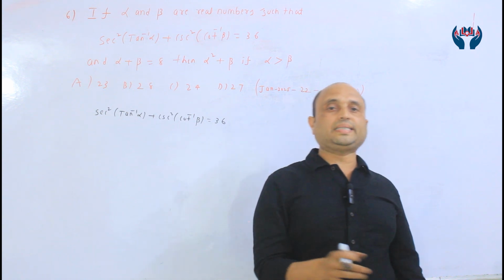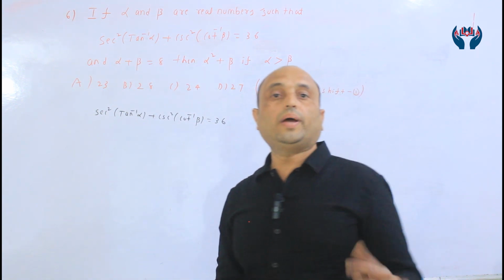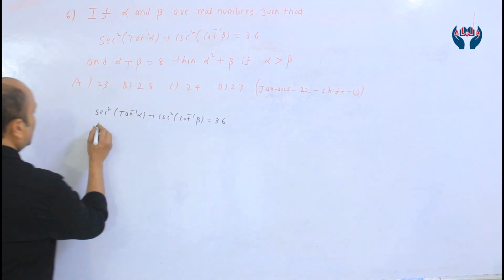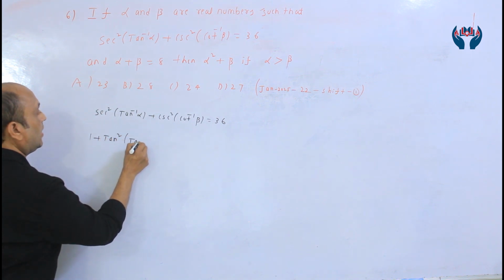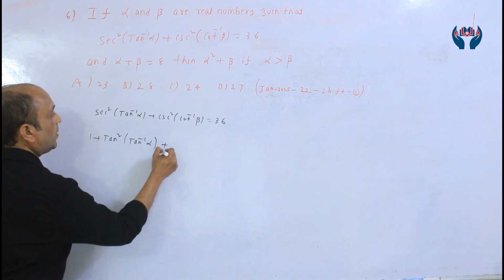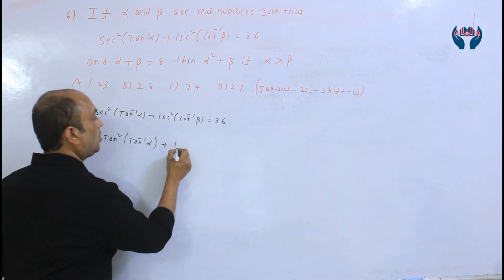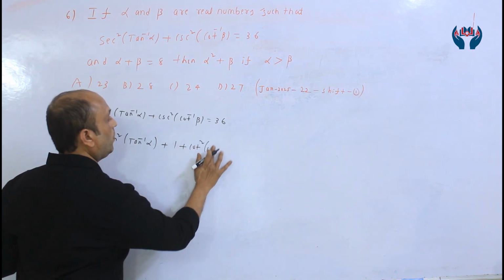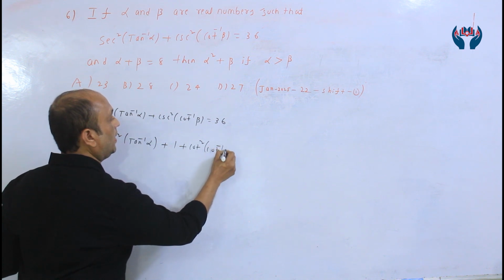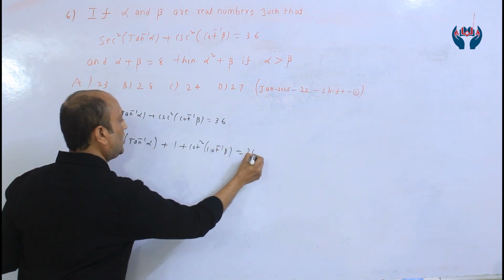We know the formula secant square theta equals 1 plus tan square theta, and cosecant square theta equals 1 plus cot square theta.